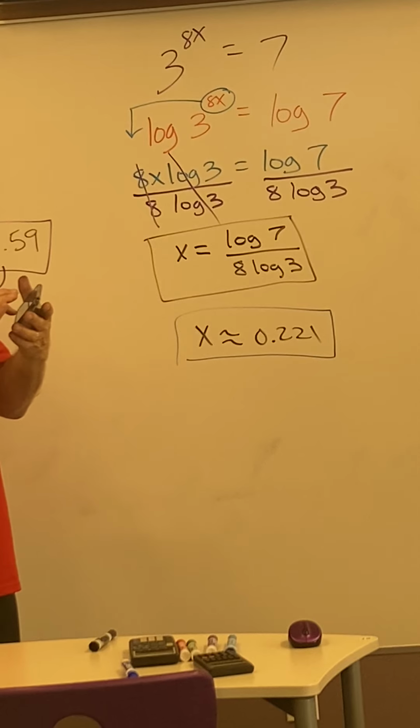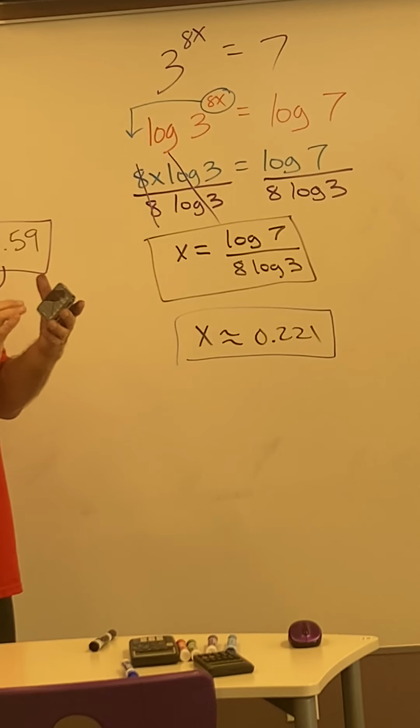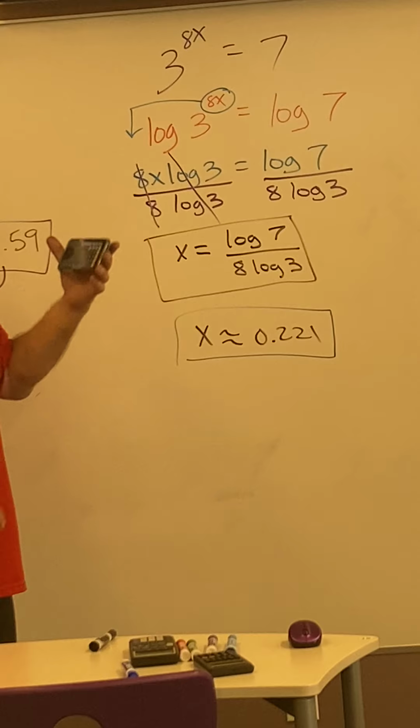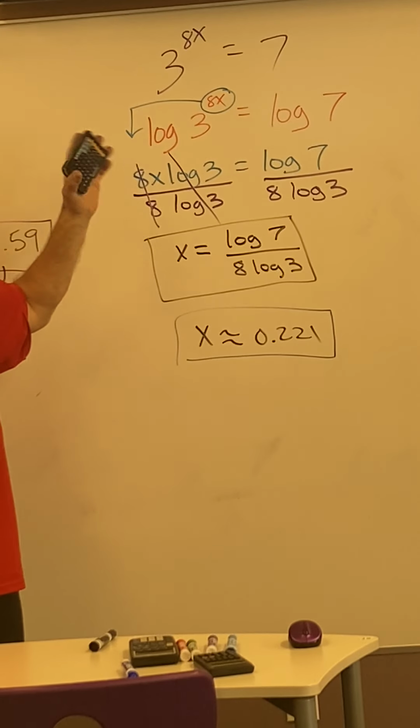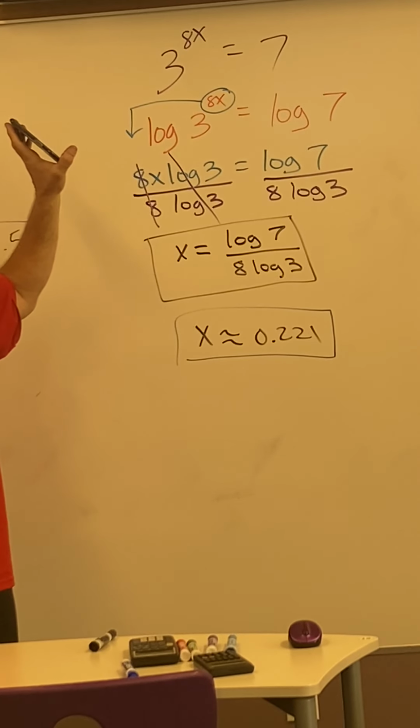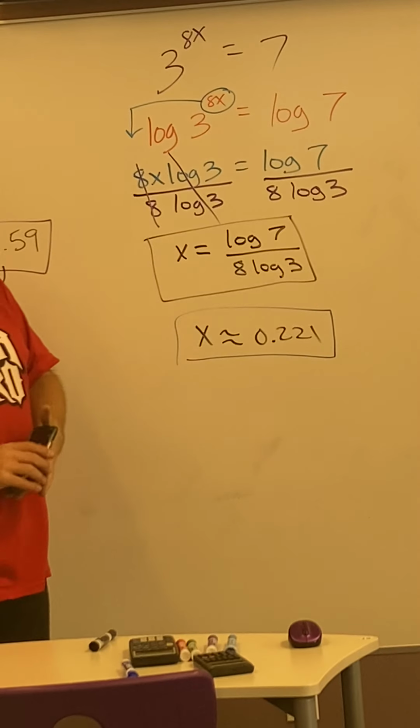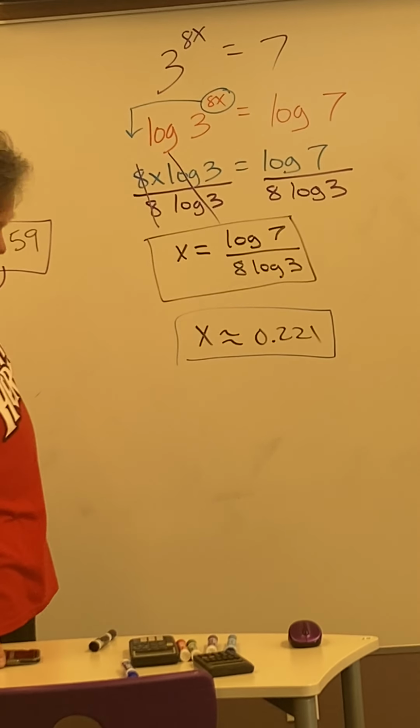I'm going to do 3 x to the y, 1.768. I get 6.975, which is pretty much 7. So there we go. So I did do it correctly.